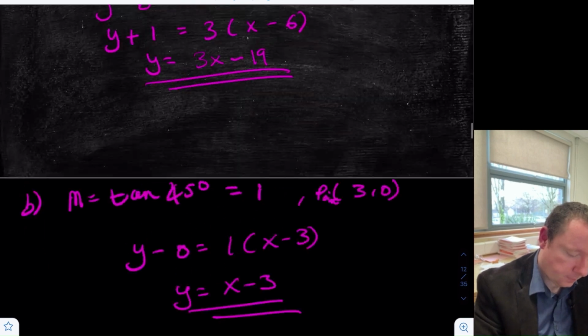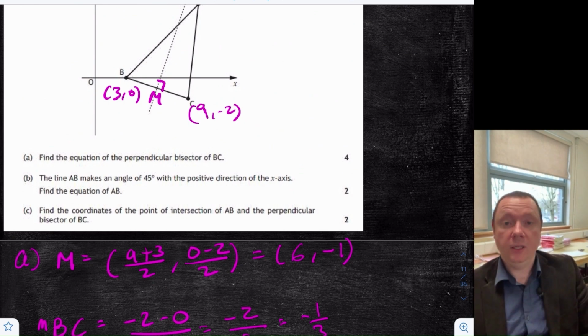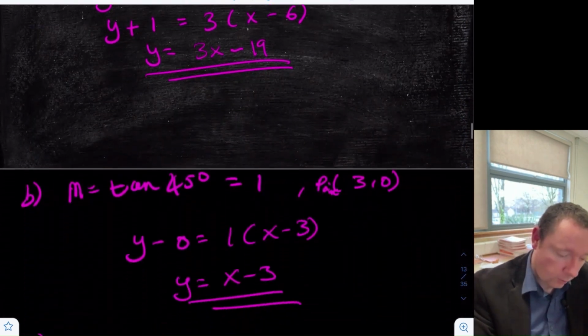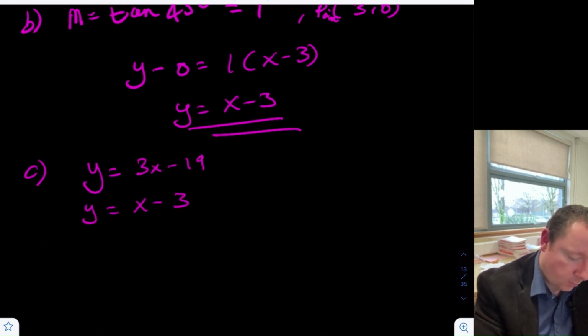Part C. Find the coordinates of the point of intersection of AB and the perpendicular bisector of BC. Simultaneous equations, in other words. So we've got 2 equations: y equals 3x minus 19, and y equals x minus 3. Since they're both y equals, I can say that this side equals this side.